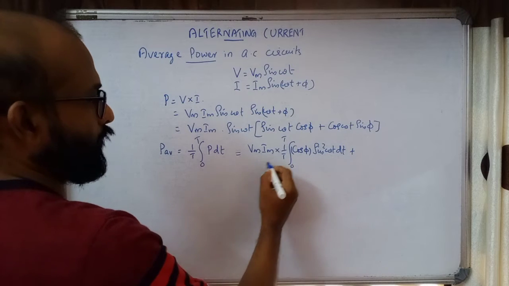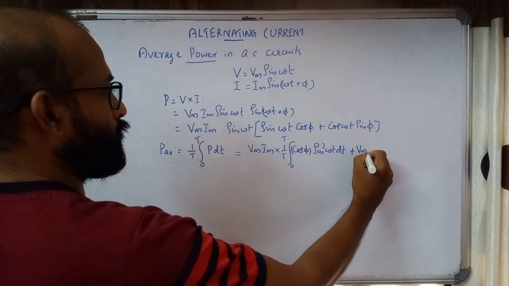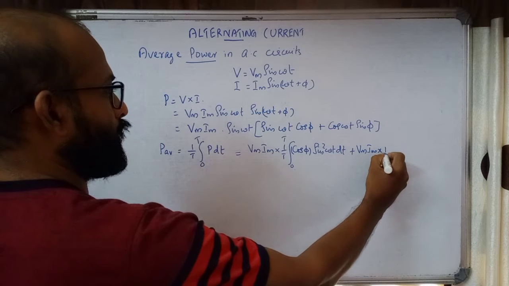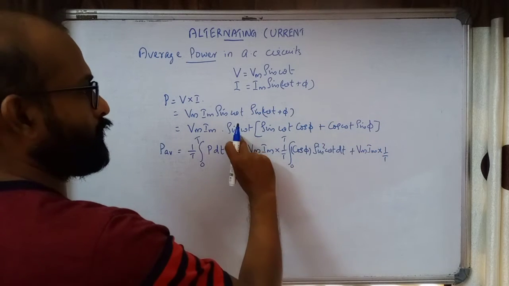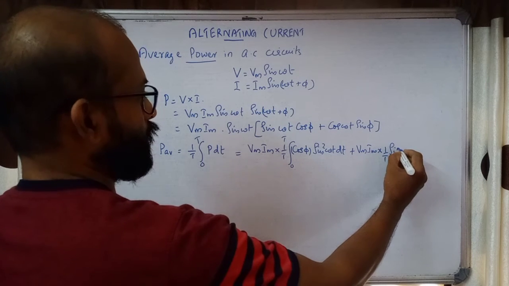Plus the second term, which I split into two terms: Vm Im into 1/T, where sin φ is constant.